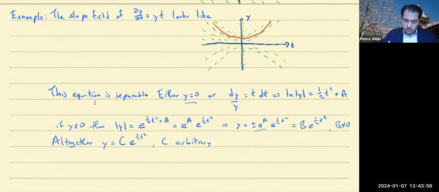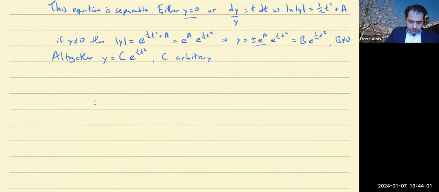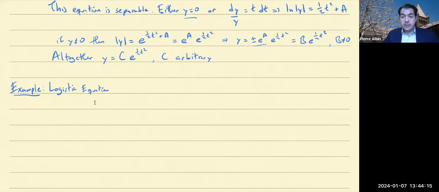Let's work out one more. So this is an equation we've already considered, the logistic equation, right, from population growth, for example. So this is a first order nonlinear equation with two parameters, k naught and p naught.